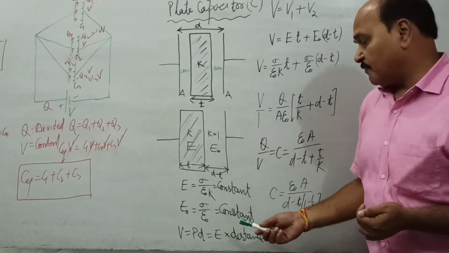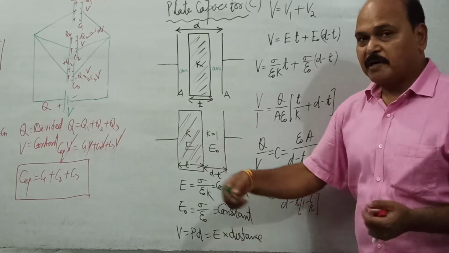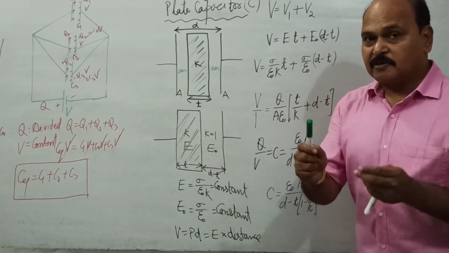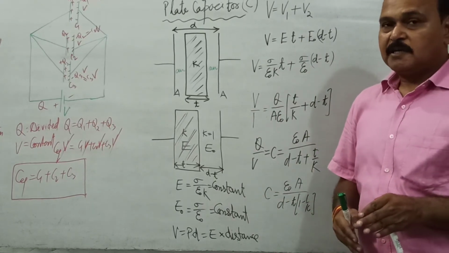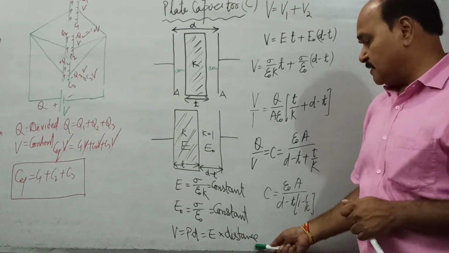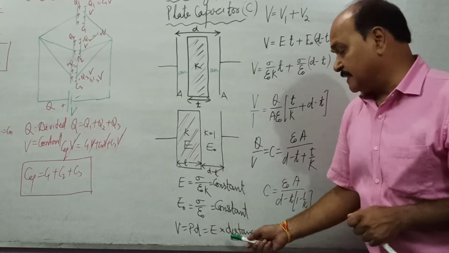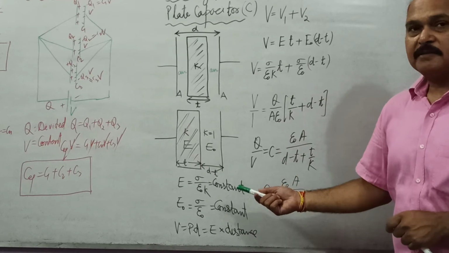And it is because of the fact that electric field is constant, the potential difference across any thickness of that medium where constant electric field exists is the product of electric field intensity and distance d. So potential difference across distance d in an electric field E is E into d.